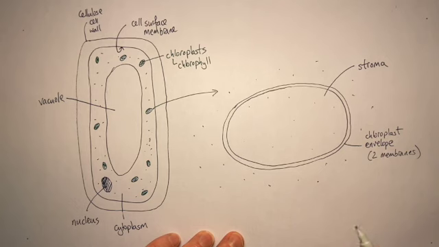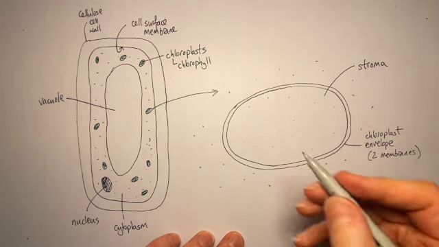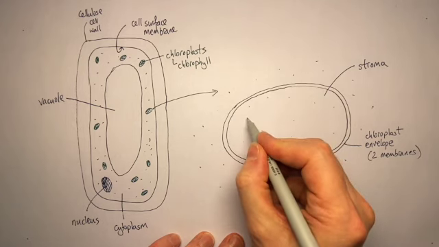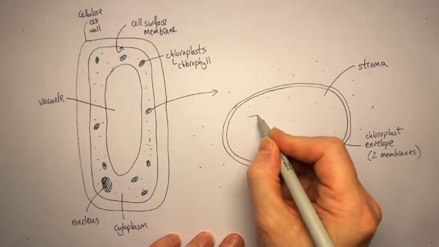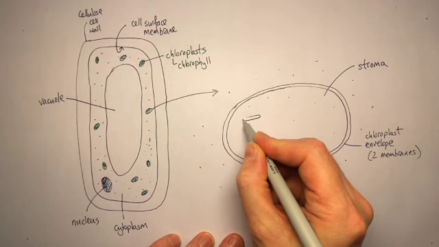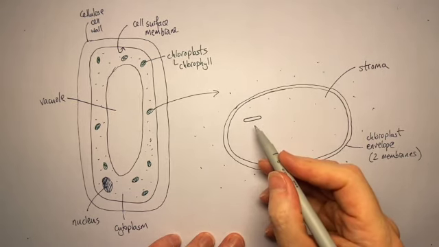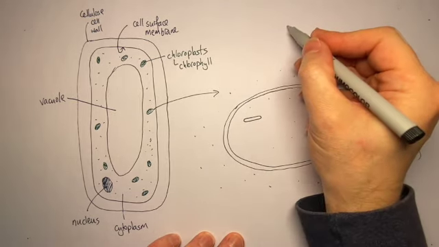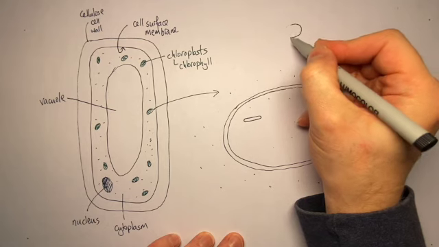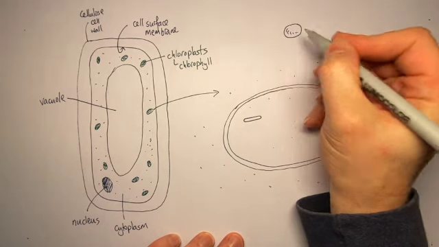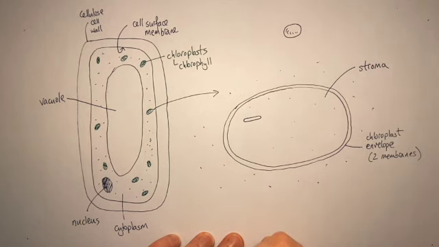The biggest structures that you can see inside a chloroplast are the thylakoids. And each thylakoid is a flattened sac made of a plasma membrane that goes around the outside. So in 3 dimensions, this would be, from the top, circular, but it would have a flattened shape.